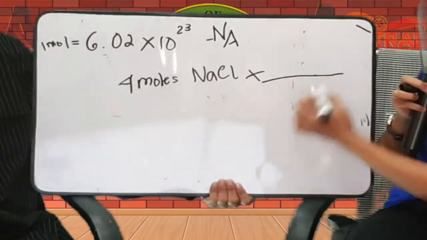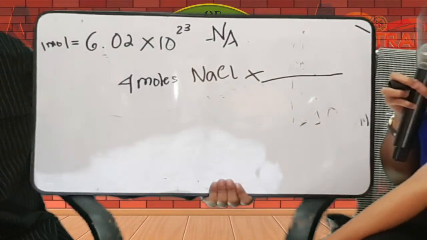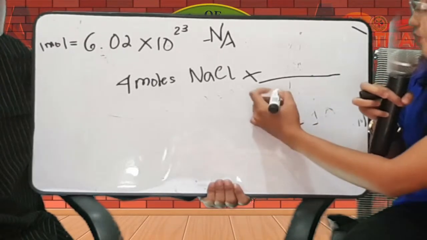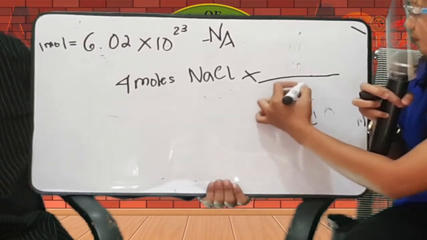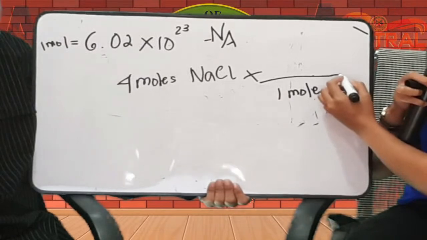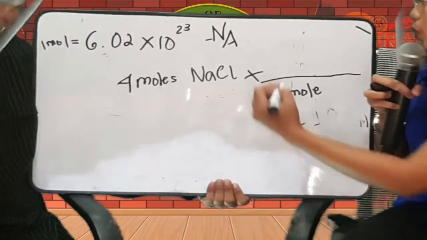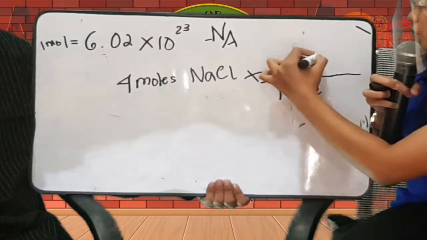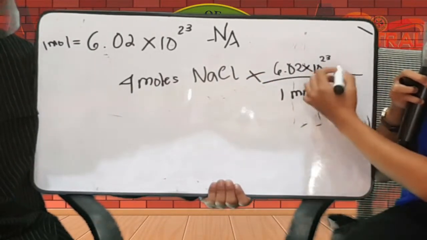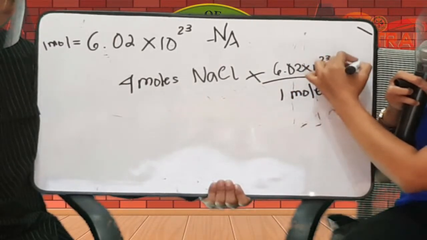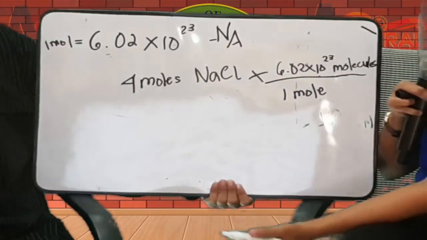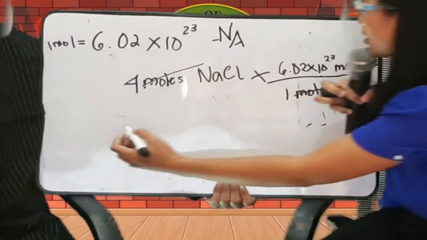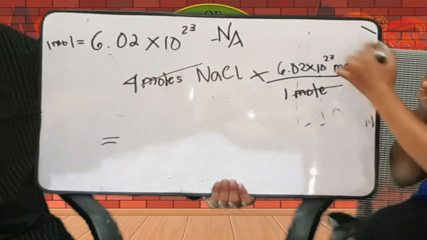So we put the unit mole in the denominator: 1 mole. And in the numerator is Avogadro's constant, which is 6.02 times 10 to the power of 23 molecules. So the unit mole is now cancelled out, and what's left is the unit molecules.